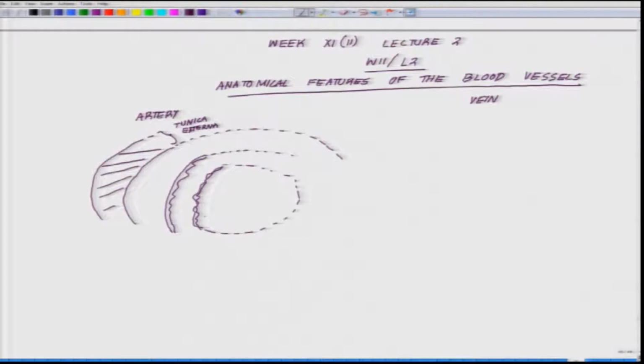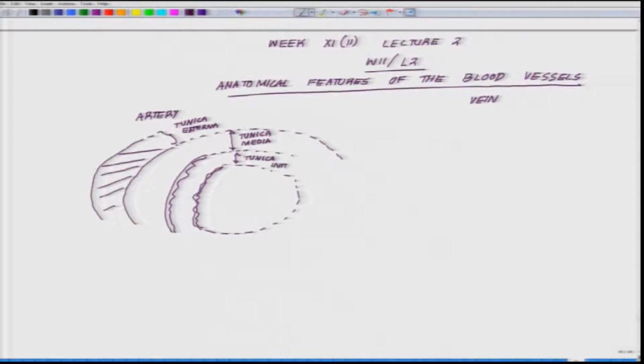Now in between the tunica externa and the inner layer you have tunica media, which is out here. And then you have tunica interna, which is this layer.